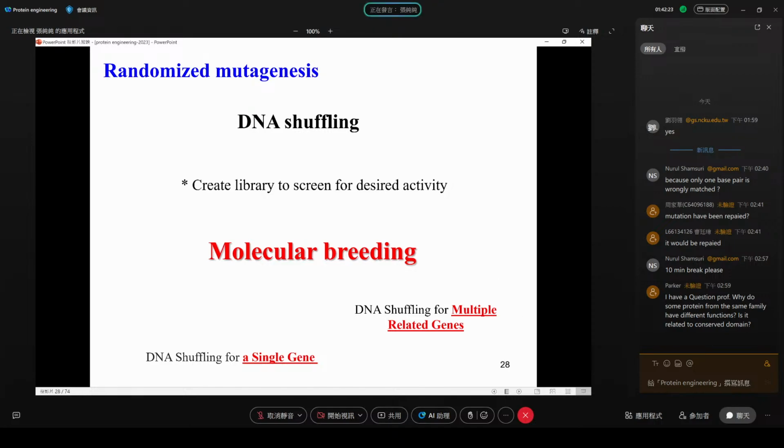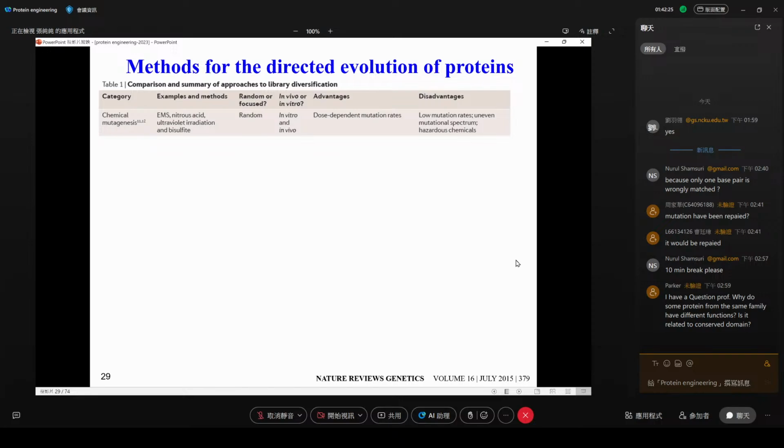Okay, so let's go back and look at all the mutagenesis methods. They all have their own advantages and disadvantages. With chemical mutagenesis, usually we use any kind of chemical to torture your animal, plant or E. coli, such as EMS, UV, or bisulfite, which usually randomly generate mutations on the backbone of the DNA.